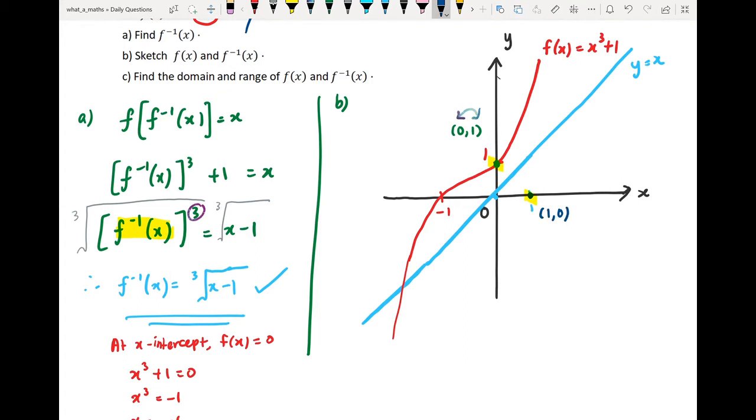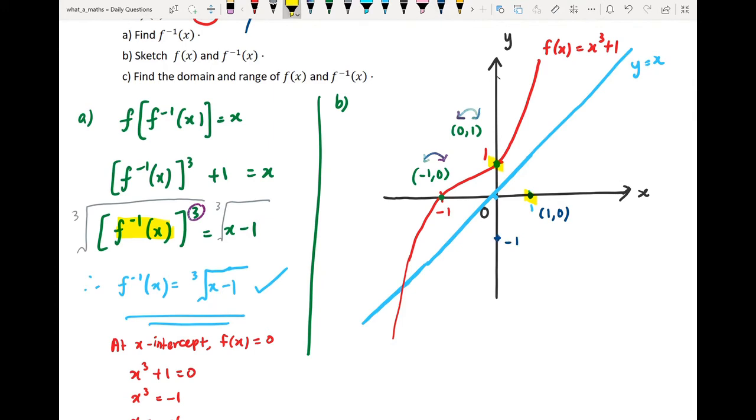Now the second point, the intercept here, has the coordinate (-1, 0). When it is reflected along the line y equals x, the values of x and y will swap. So now the new point has the coordinate (0, -1), which is here.